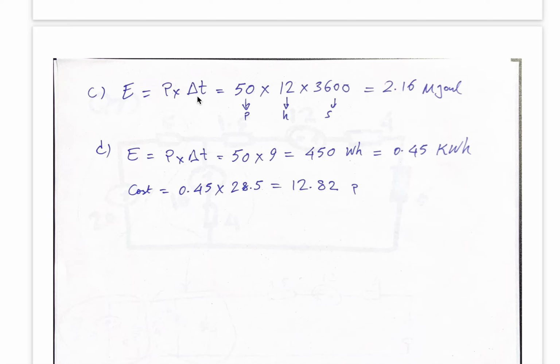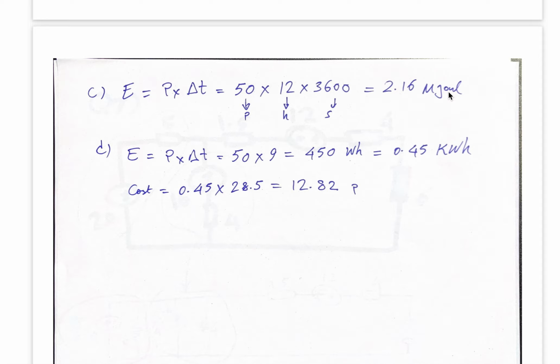Section D says, okay, if the cost per kilowatt hour is given, what is the total cost of this system if the load is in operation for 9 hours? There are two key points here. The first one is, as the price is in kilowatt hour, you cannot use this energy, 2.16 megajoule.